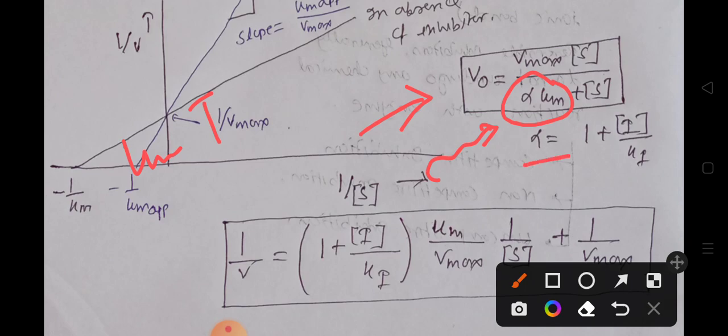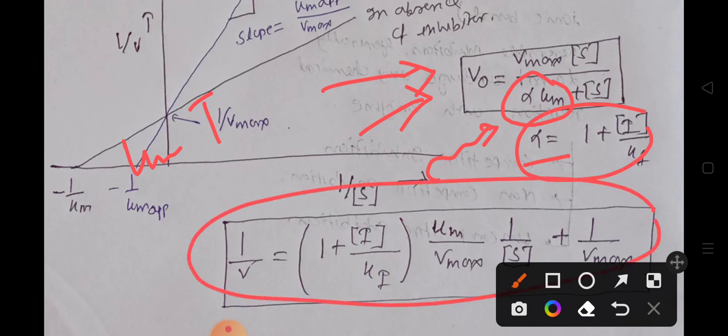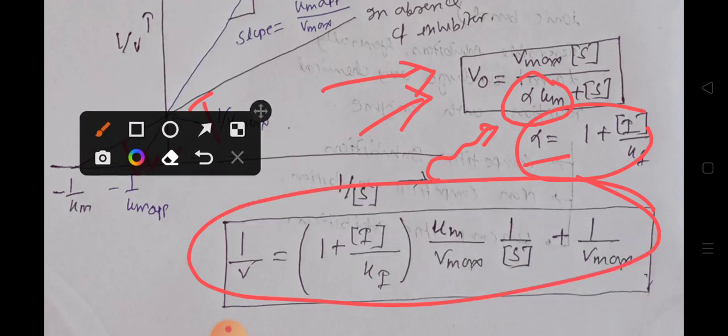The value of alpha is 1 plus I by Ki. Now if you take the reciprocal of this Michaelis-Menten equation, you will get the Lineweaver-Burk plot equation for competitive inhibition. Okay, so that is the equation.